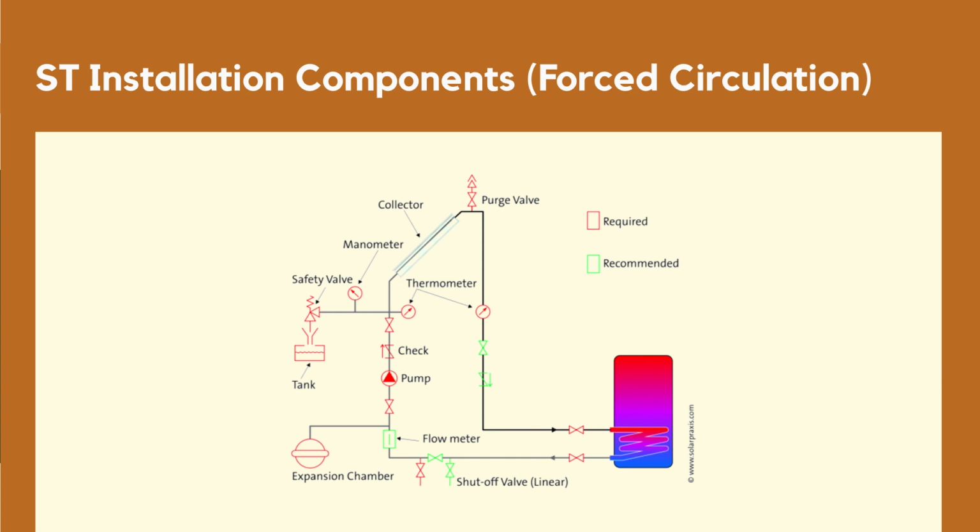We have a shut-off valve and also a flow meter so that we know how much is the flow through the circuit. And of course, since this is a system that deals with pressures, we have an expansion chamber, normally a vessel, where the pressure can be in equilibrium.